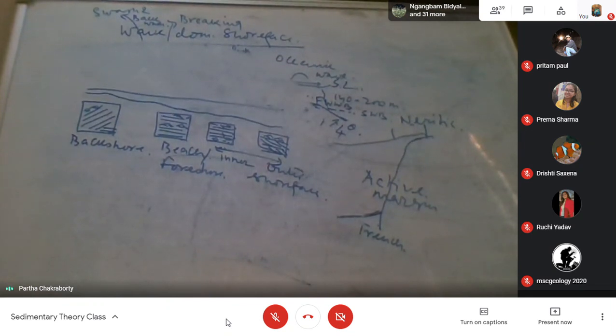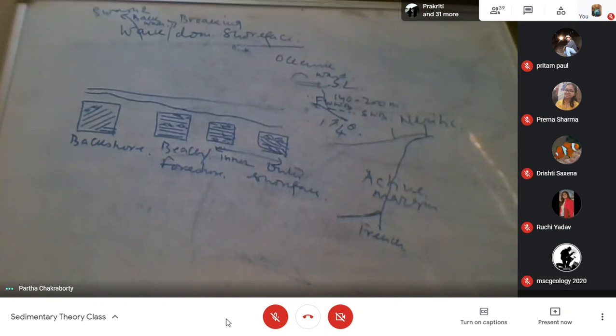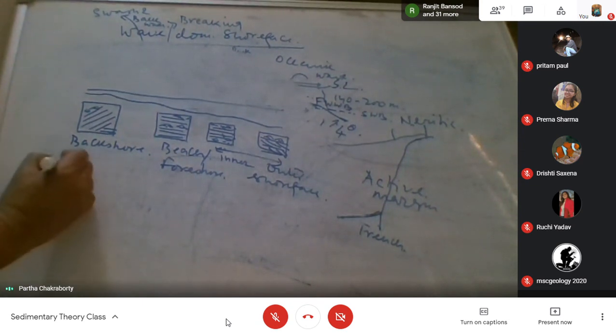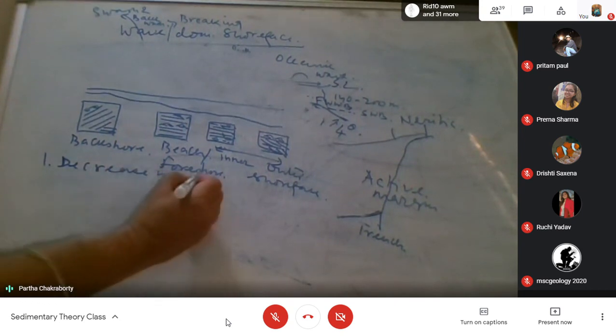Shore face is essentially totally wave dominated, but from the proximal to the distal shore face, the scale of bed form changes. So from proximal to distal, what are the changes we get in the shore face? Number one, the decrease in scale of bed form.